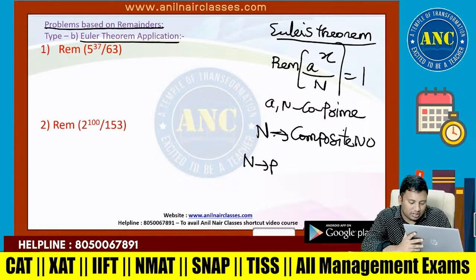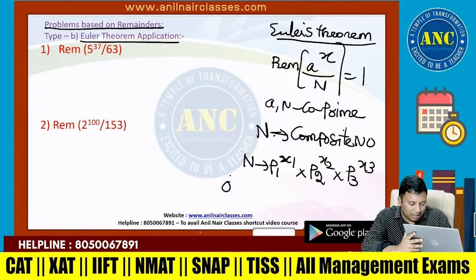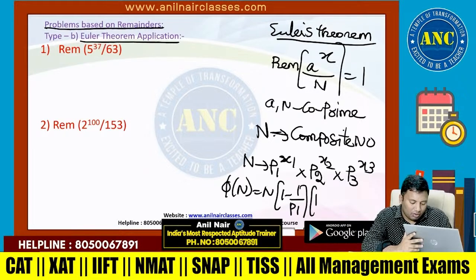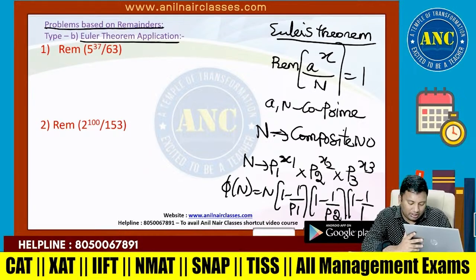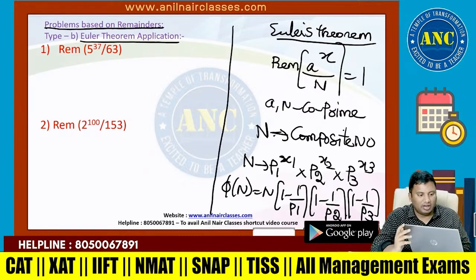If n is p1 power x1, p2 power x2, p3 power x3, then the totient of n is n into 1 minus 1 by p1, 1 minus 1 by p2, 1 minus 1 by p3. So this is Euler's theorem, and we will execute it.